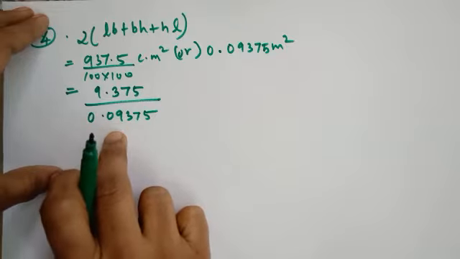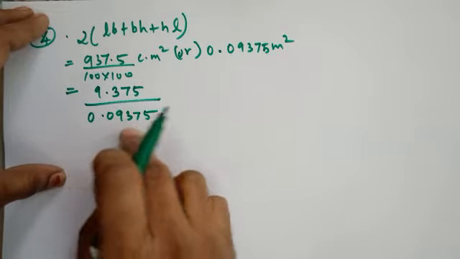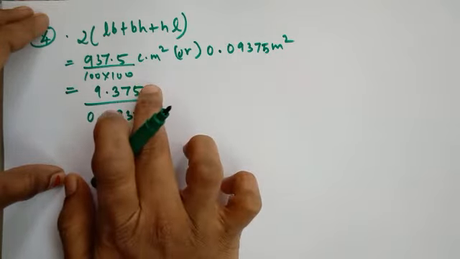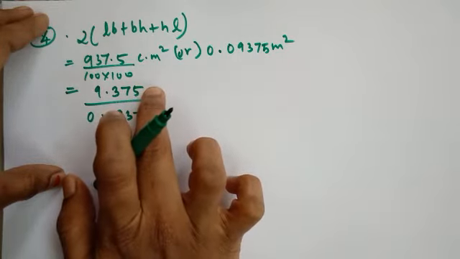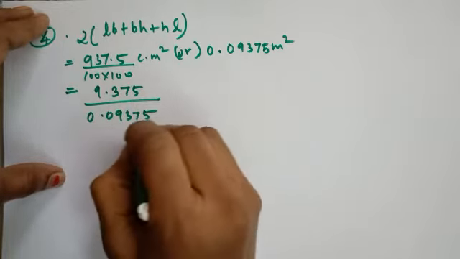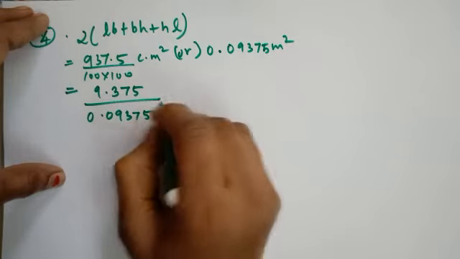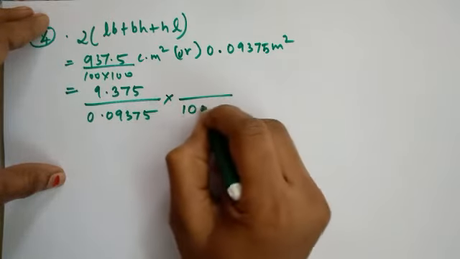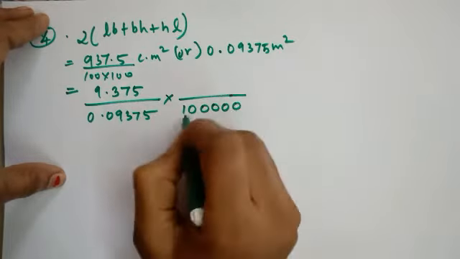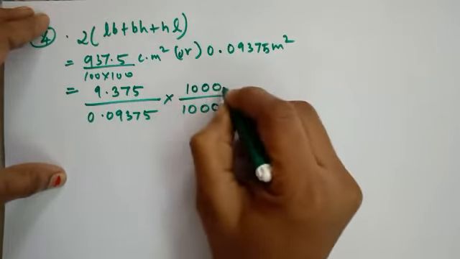If we divide the total area by this, then we can find the number of bricks. How do you divide it? Here there are 5 decimal places, na? So you should multiply numerator and denominator with 1 lakh.